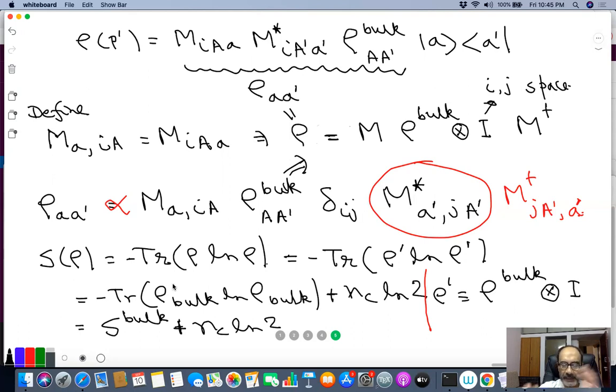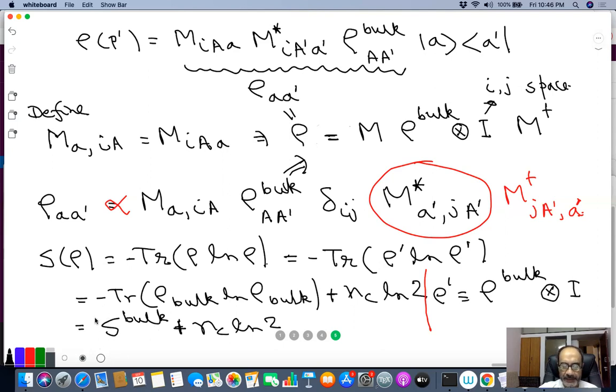So the net upshot of this analysis is that if the bulk state is entangled, then in the best of cases, which is when M and N are isometries, you get the classical Liu-Takayanagi formula, the A over 4G_N, which is represented by this N_C log 2. But you have an added contribution, which is the bulk entanglement.